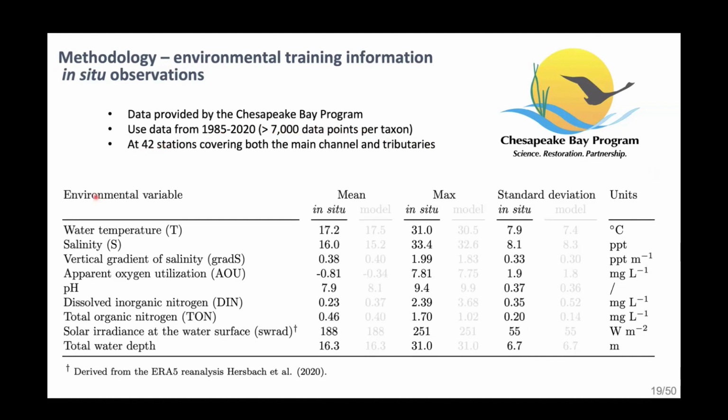And the environmental variables that we focus on are shown here. So it's 9 environmental variables to start with. And we chose these variables because we know they affect blooms, HAPs, and also because of data availability. These environmental variables include physical variables like water temperature, salinity, but also more complex biological variables like total organic nitrogen and dissolved inorganic nitrogen, for example.